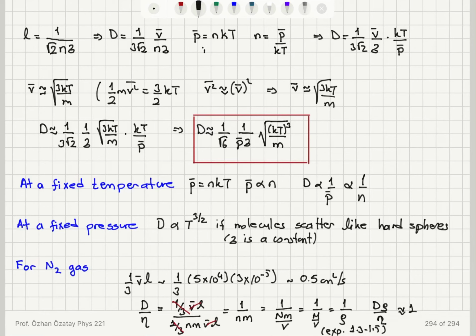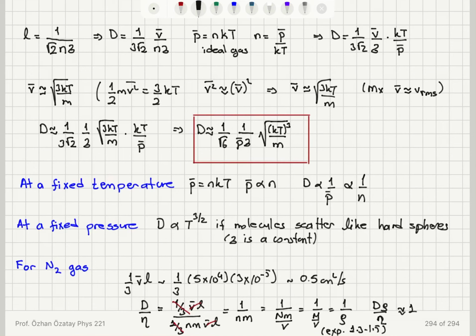So this is assuming it's an ideal gas. And therefore, we can find for the diffusivity, if we also use our approximation, v square bar is approximately v bar squared, and v bar is square root of 3 kT over m. So in Maxwell distribution, we're basically saying v bar is similar to v RMS, so it's very close. So we can use this approximation.